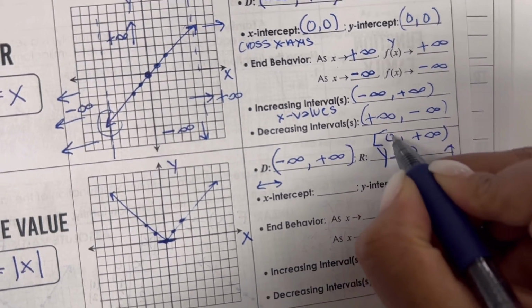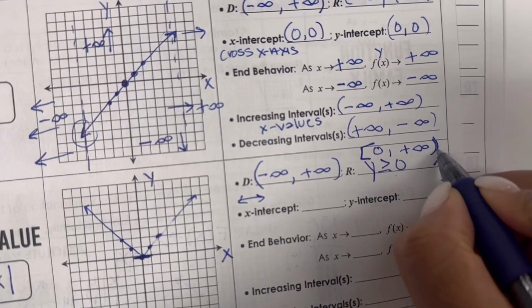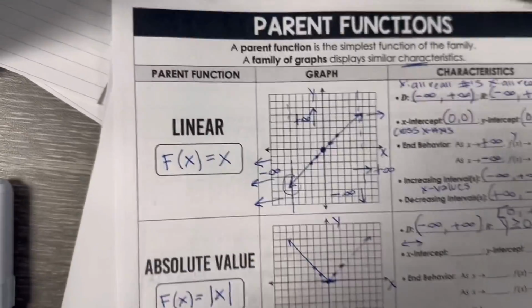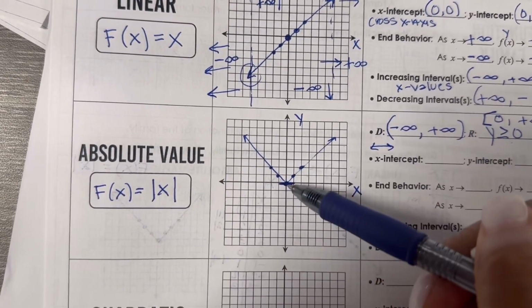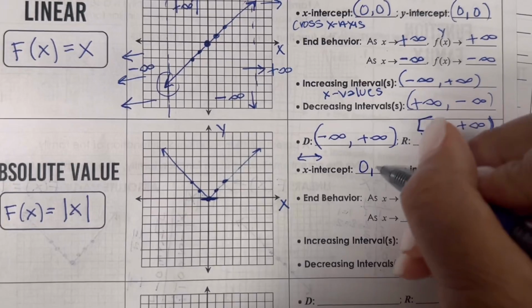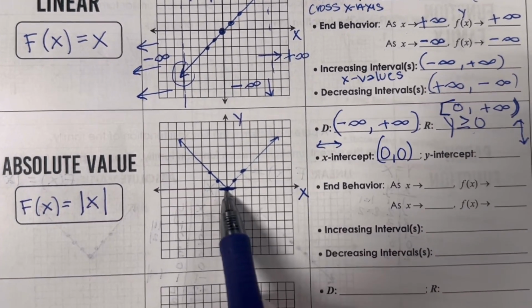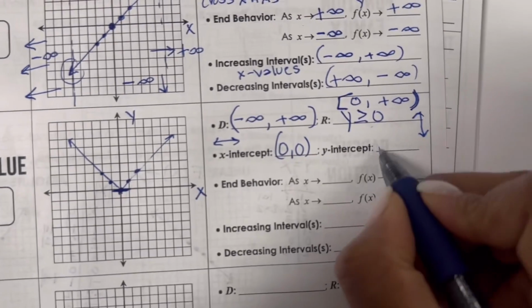It starts exactly at 0, so make sure that's a bracket. You cannot contain infinity. Okay, from there, your x-intercept is the same as this one. It intercepts at 0, 0 for the x-axis, and the y-intercept also at 0, 0.